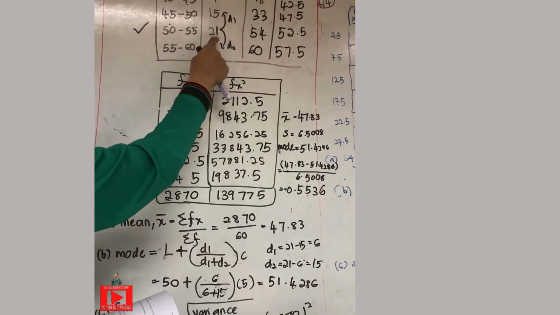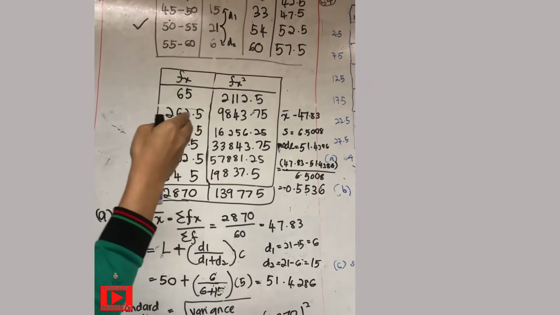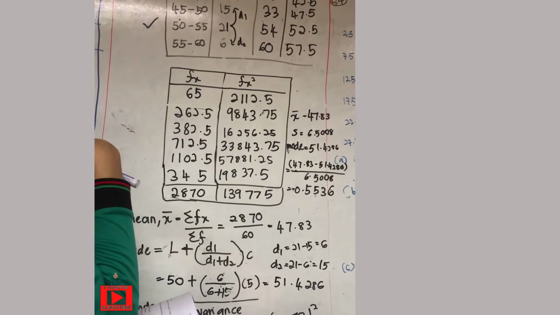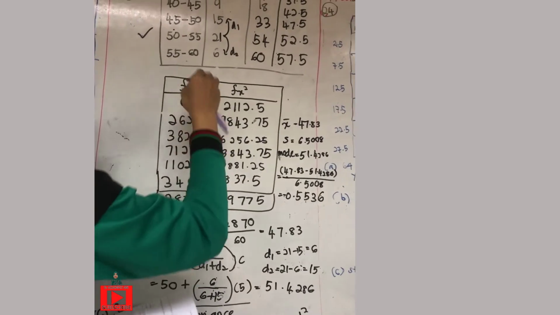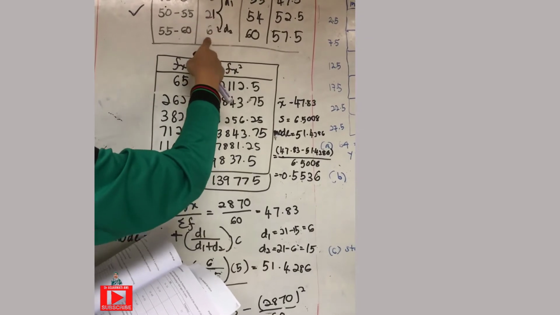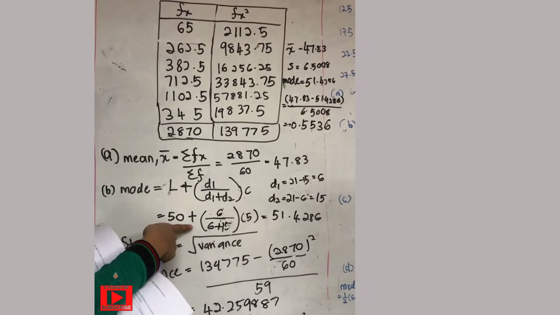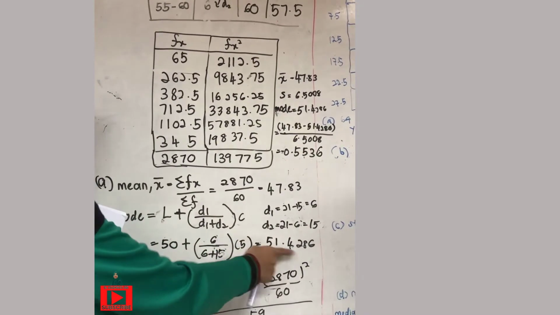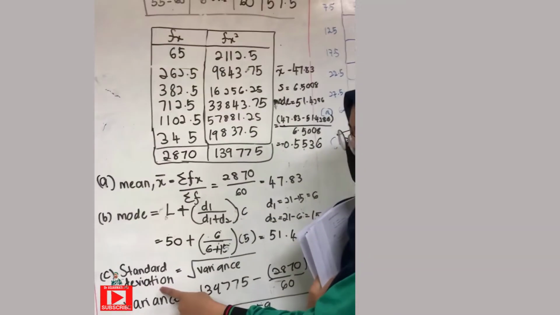D1 is the frequency of the mode class minus the frequency of the previous class, and D2 is the frequency of the mode class minus the frequency of the next class. So 21 minus 6 we will get for D2. Then we substitute into the formula, and 5 is the class size. Then we will get the mode is 51.4286.